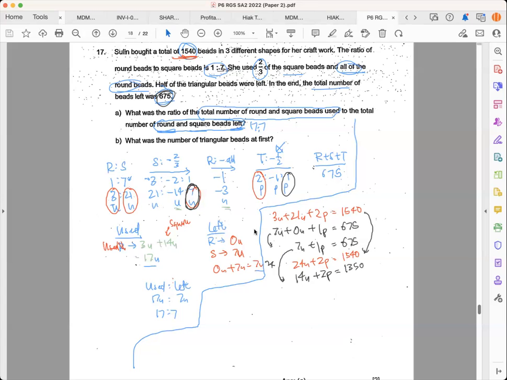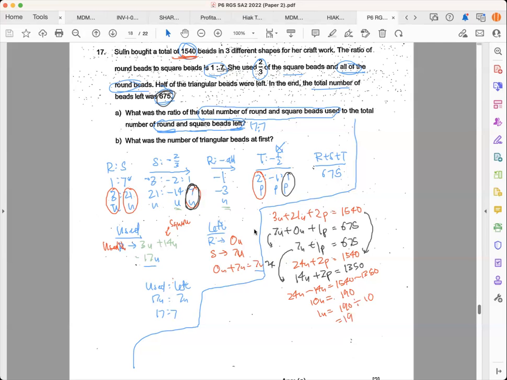On the left side, what I will have left will be 24 units minus 14u. On the right side will be 1540 minus 1350. 24u minus 14u is 10u. 1540 minus 1350 is 190. 1 unit will be 190 divided by 10, which is 19. So 1 unit is 19.